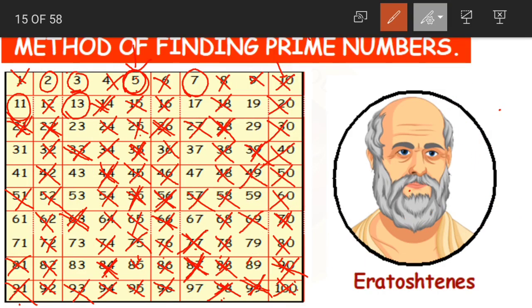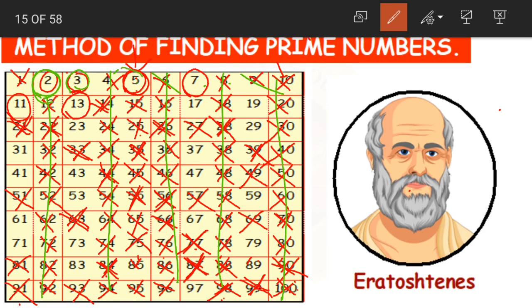Now again, if we recall, how did we find out the prime numbers? Encircle the number 2, cross out all the multiples of 2. That means those ending with 6, 8 and 0. Then encircle 3 and cross out all the multiples of 3. That means every third number, 1, 2, 3, 1, 2, 3.